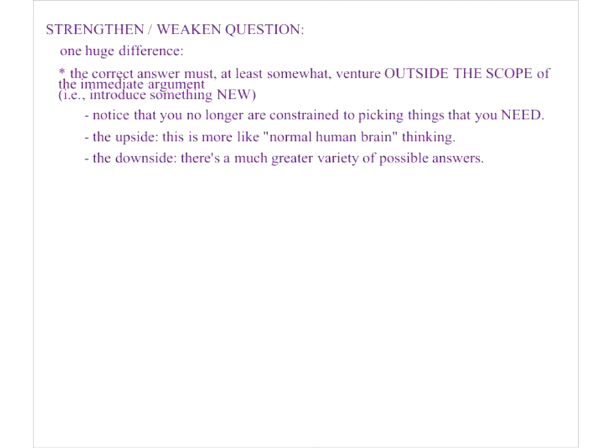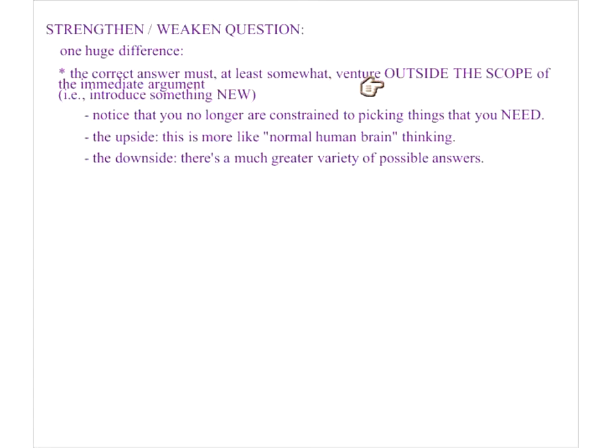The other find the assumption question that we just saw, involving the famous singers, we had to stick to the topics about commercials and well-known songs and renditions. With strengthen and weaken, we're allowed to venture outside the immediate scope. And in fact, we have to.